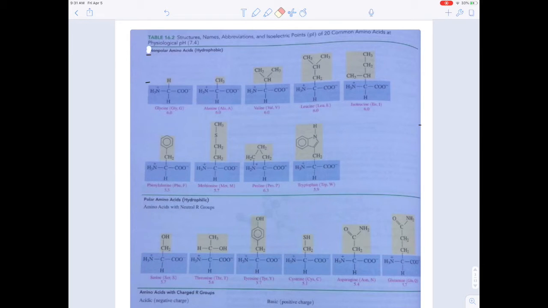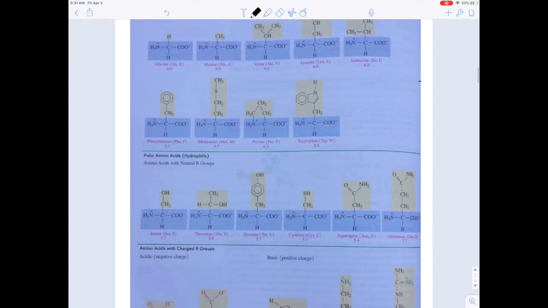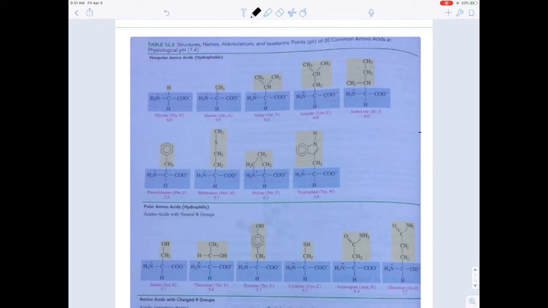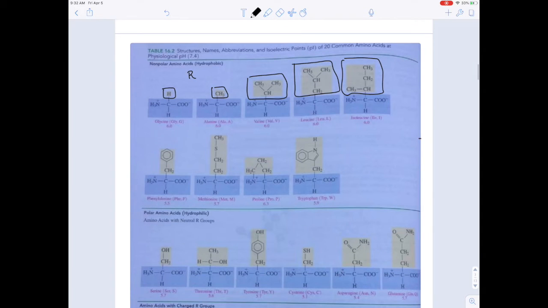And they all have that same blue box. In the blue boxes on all of these, you'll notice the blue boxes are always the same. What's different is what's in the yellow boxes. And those are called the R groups. These yellow boxes are all R groups. They are what make the amino acids different from each other.